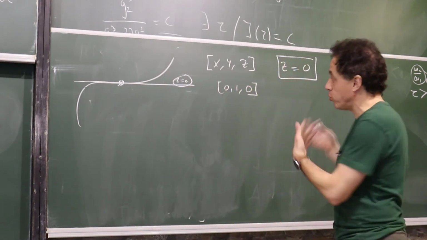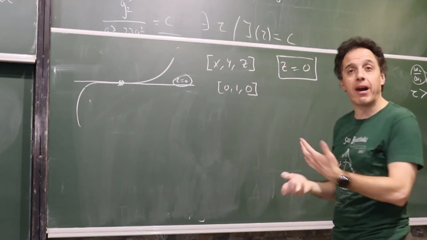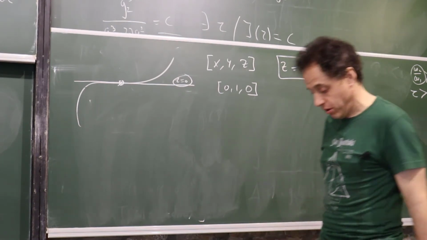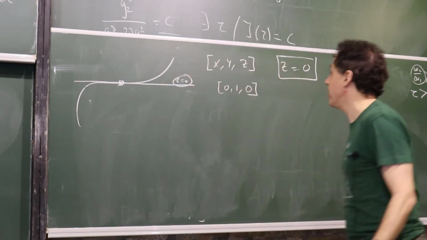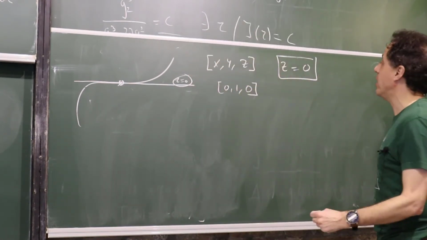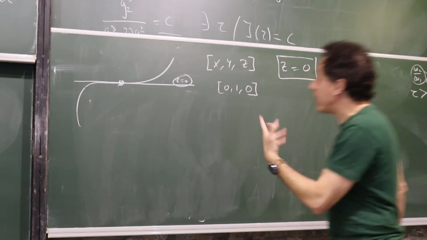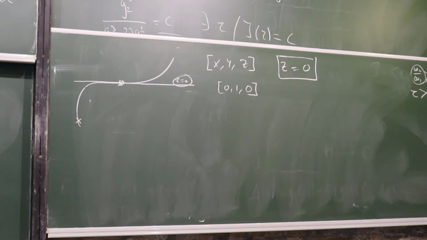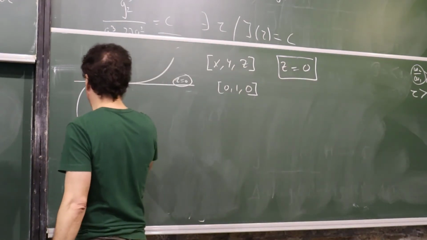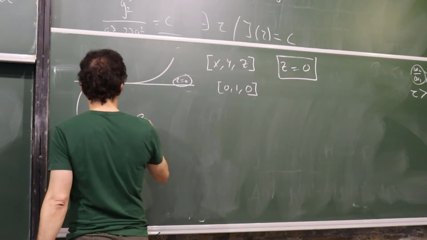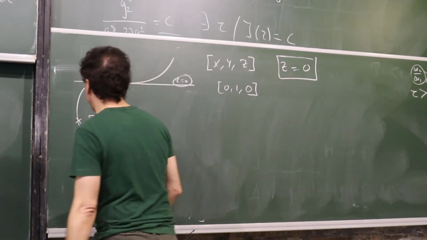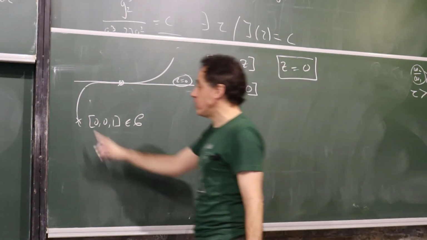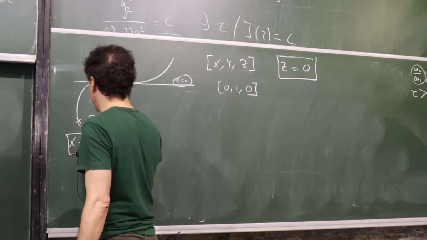As I told you before, this would be better understood if you have some background on algebraic geometry, and if not, you can run to your closest library to find a good book on plane algebraic geometry at least. Okay, you can take coordinates like this, and you can take also coordinates assuming that at least the point 0, 0, 1 belongs to your curve, and moreover that the tangent at this point is the straight line x equal to 0.